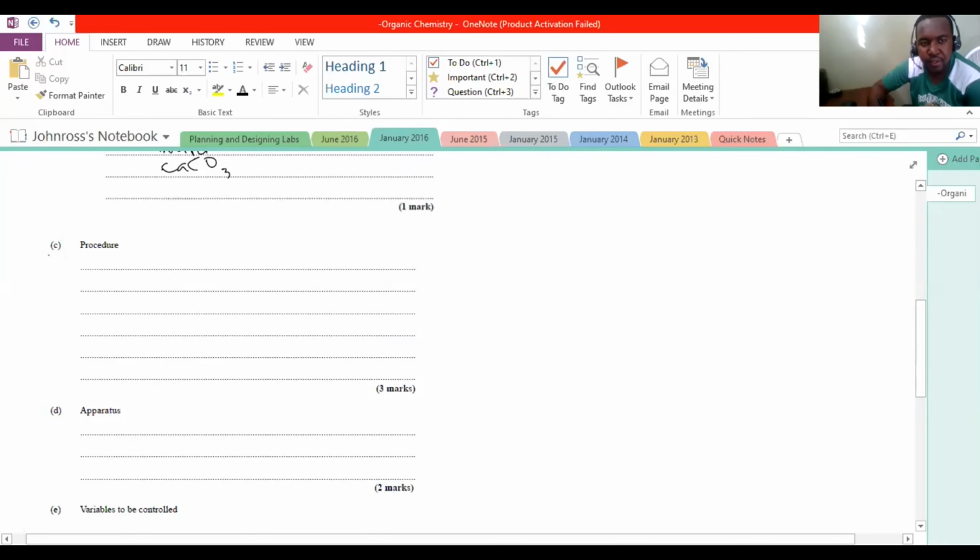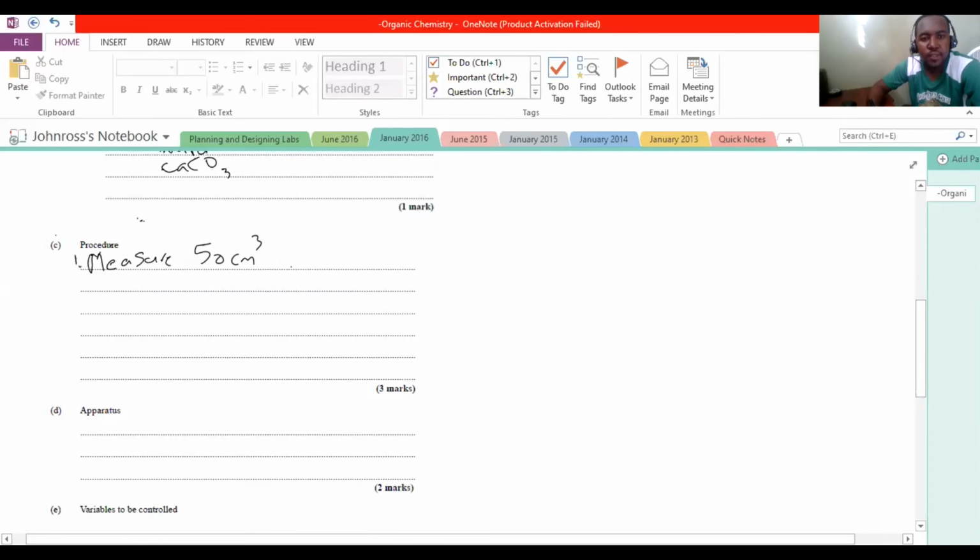All right, so your method here would be that the first thing is to get your calcium carbonate to dissolve in the distilled water. We need to state how much distilled water we're using as well. So let's use 50 centimeter cube. That's like a common 25, 50, the normal amount of reagents that we normally use.